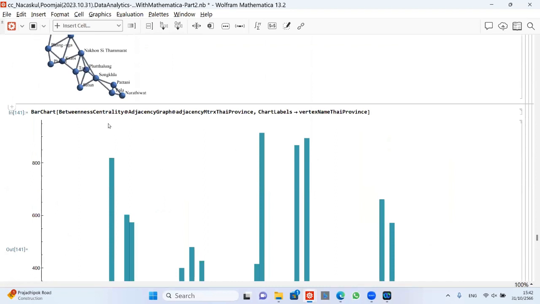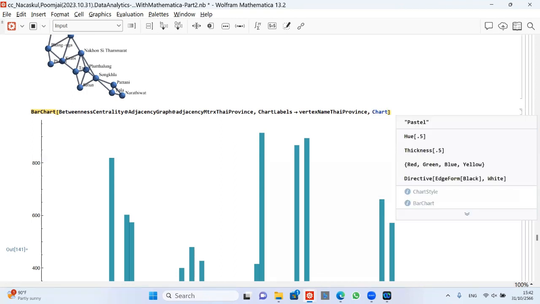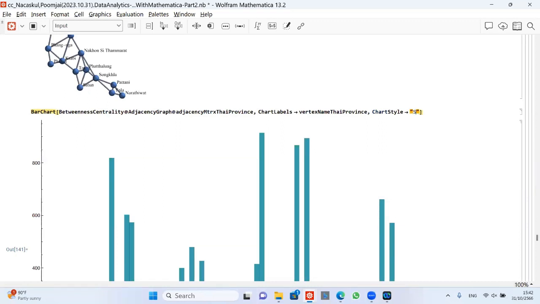I know how to do this. Hold on, I can make the bar chart sideways. Chart style, something like sideways.